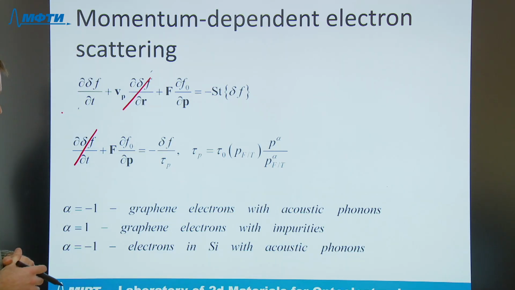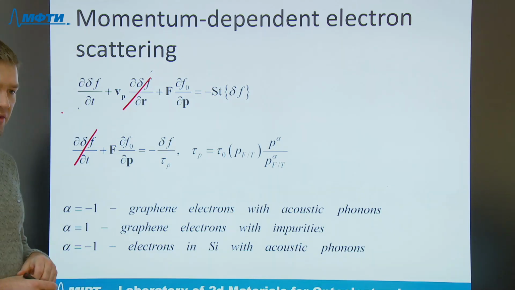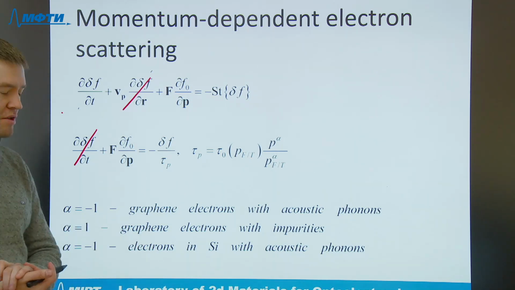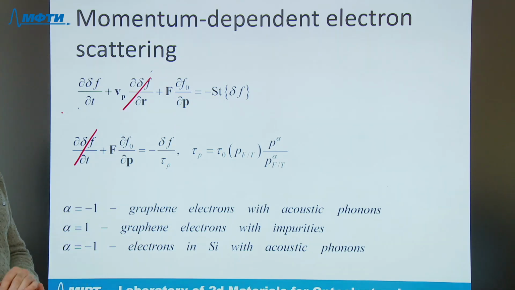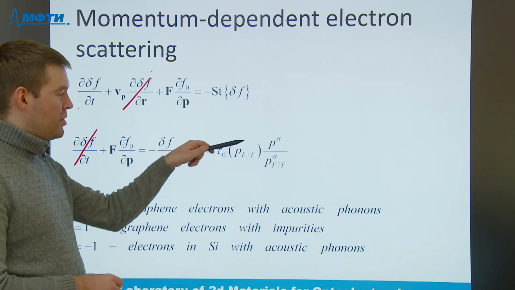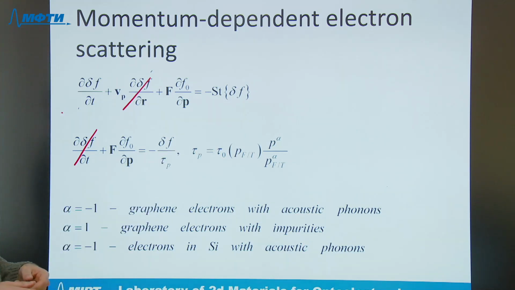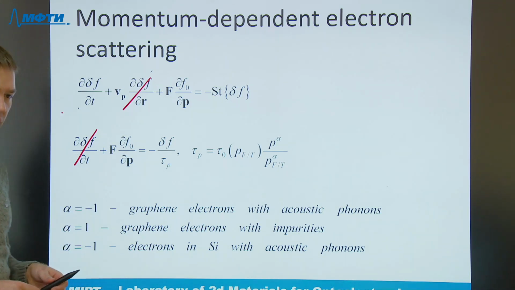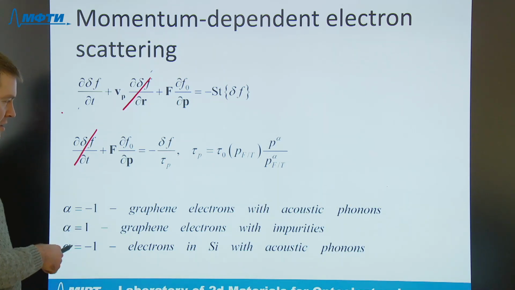The same actually is valid for bulk silicon. Electrons in bulk silicon interacting with acoustic phonons have the same power in the power law dependence of tau versus momentum. For electrons in graphene interacting with charge impurities, this power equals unity.